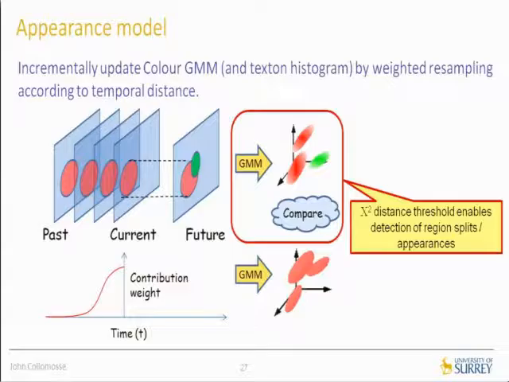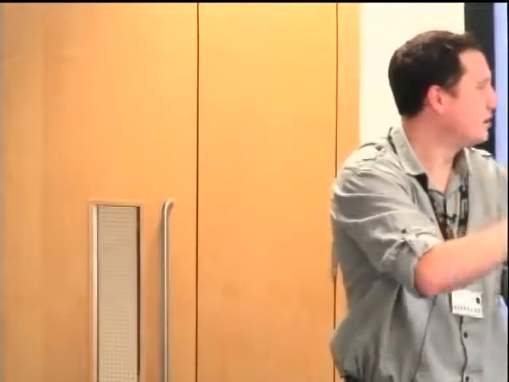And this gives us also a convenient way to detect region birth and death. When regions appear, it means that we have allocated a label, because we've always got as many labels to allocate as we had available to us on the previous frame. We have to allocate all of those labels, and a new region will therefore be allocated one of those pre-existing labels.